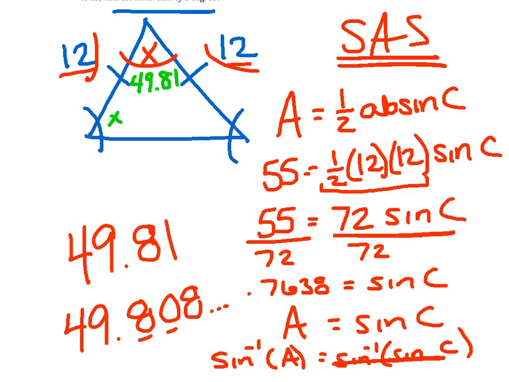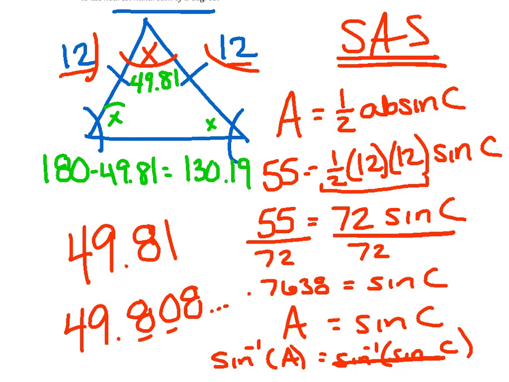Now, I don't have to do too much more work to get these missing angles down here. Remember, it wanted all the angles. And what's nice is that this is an isosceles triangle. So basically, I can just take my 180 and subtract my 49.81. And that leaves me with 130.19.